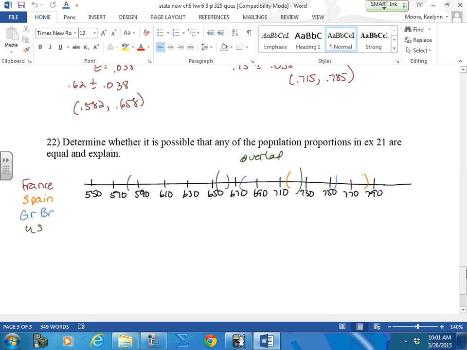Now, here's France. France is my red. Spain is my orange. See it? Great Britain is the blue. And the United States is green. Do you see the place over here where they overlap? So there's a part of the population that they say is equal, or they're pulling from the same interval.